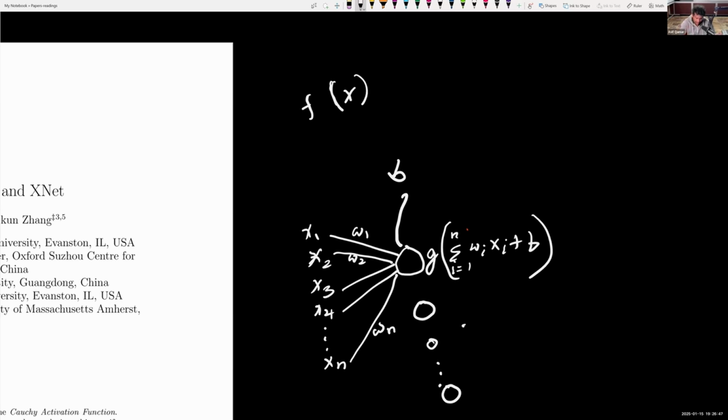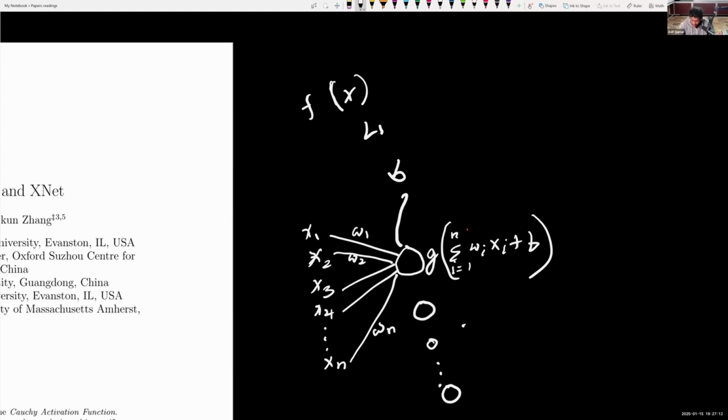This is your hidden layer, where let's say the number of neurons in the hidden layer is L1. This is layer 1's output. You have L1 neurons, so you get an L1 dimensional output.